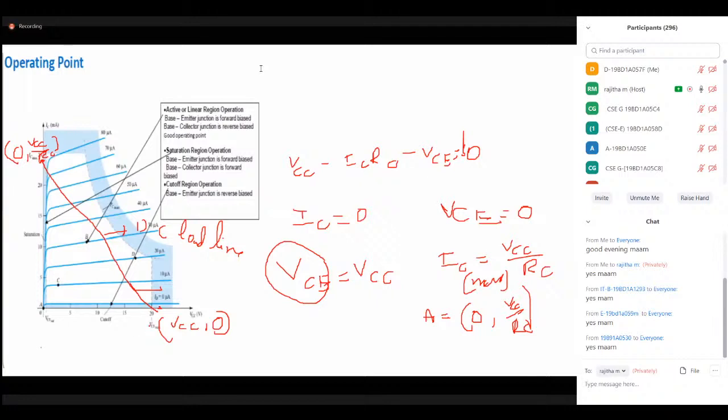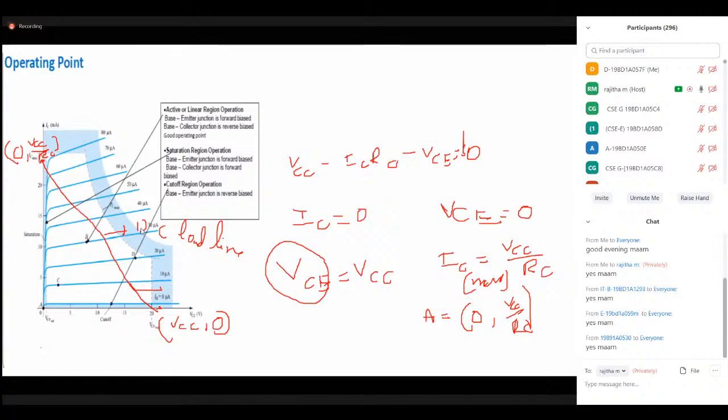One is on the y-axis, another is on the x-axis. By taking the collector current as 0, whereas here the collector to emitter voltage I have taken as 0, it is the extreme end of saturation, so collector to emitter voltage is 0 with maximum current.